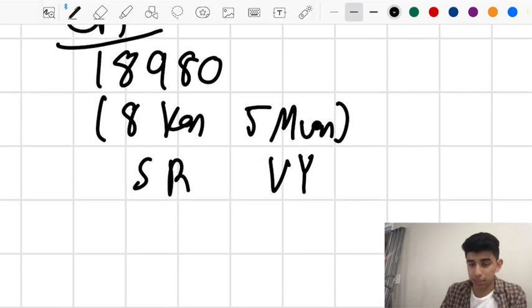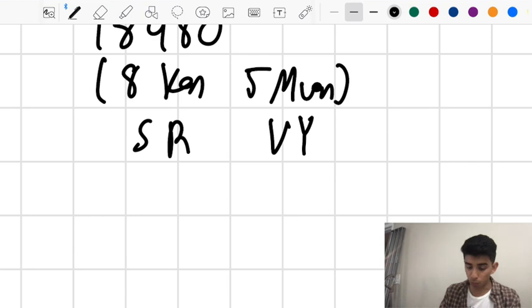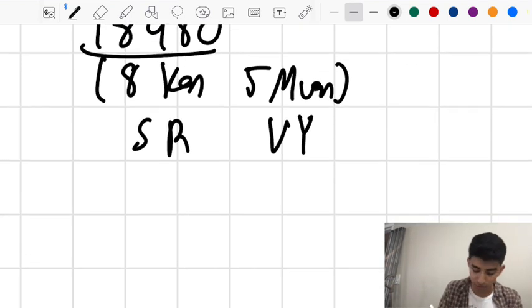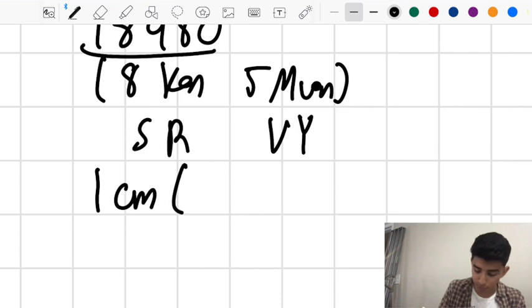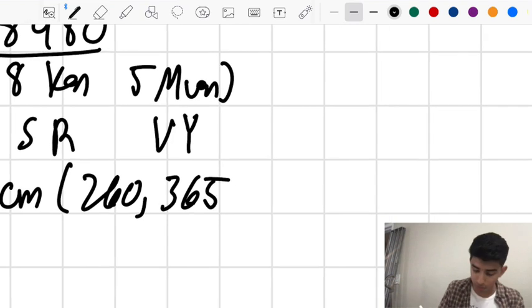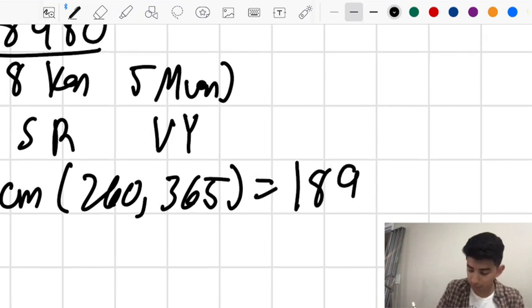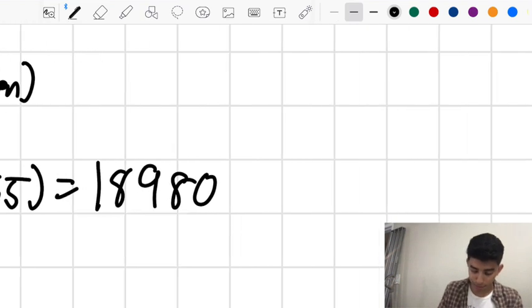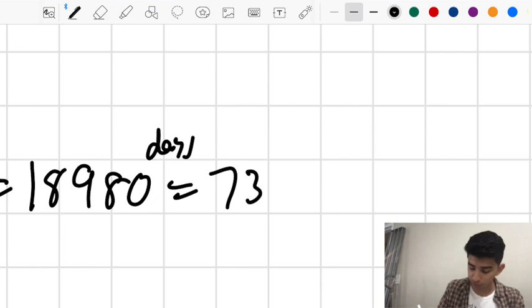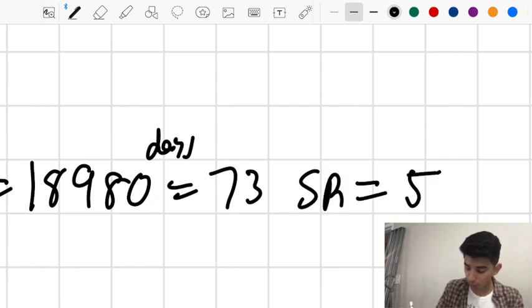We can prove that a day like this did not occur until 18,980 days using the least common multiple of 260 and 365, which comes out to 18,980 days, which comes out to 73 sacred rounds or 52 vague years.